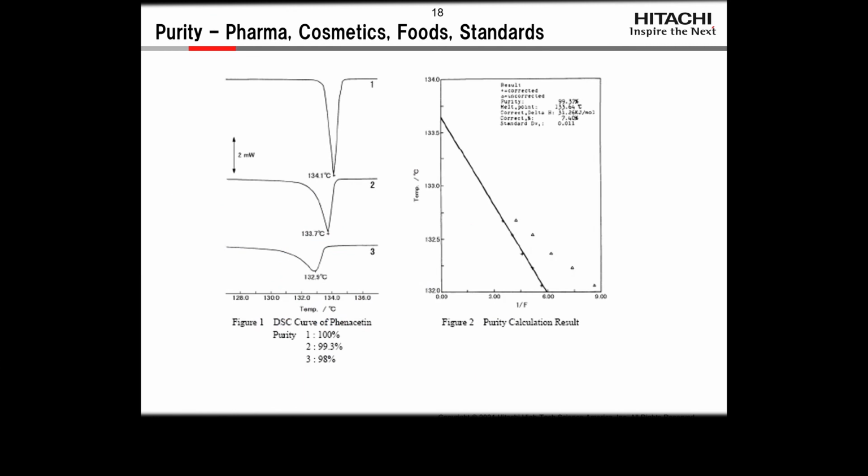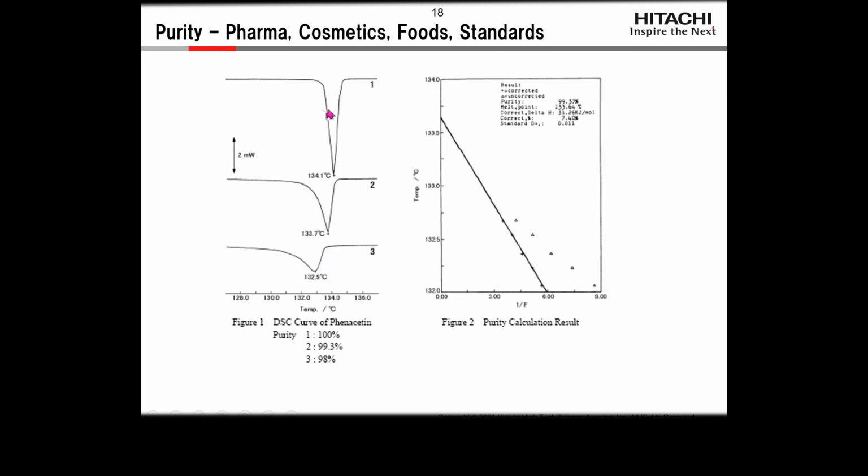Now, one thing that's often forgotten is that DSC, because it looks at melting behavior, can actually be used to estimate purity, and it can estimate purity at very high levels. So if we look at these curves here, we have 99.99% pure painkiller, and then we have 99.3, and you can see how it's broadening. The peak and the slope of this line are changing, and then we have one at 98.